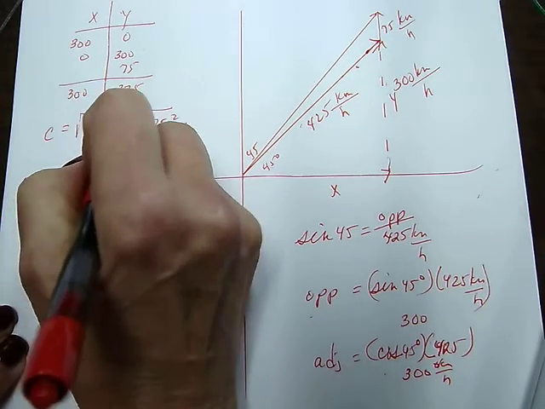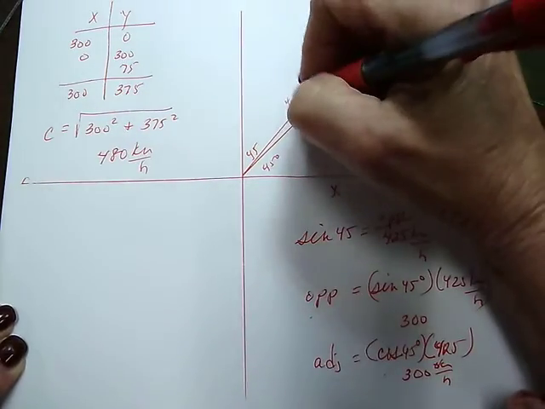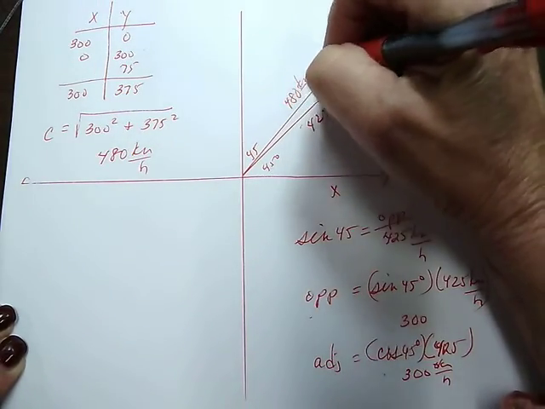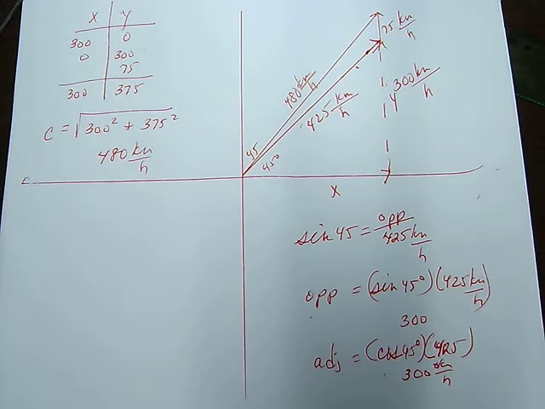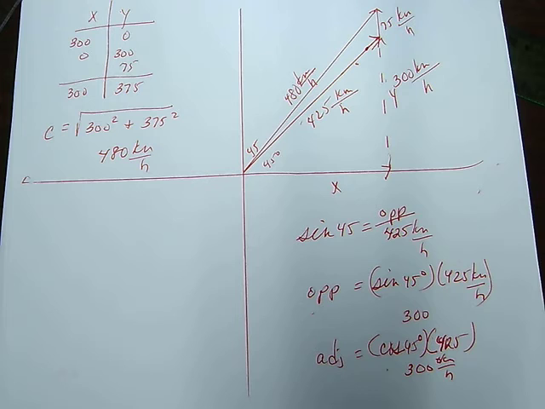And I get 480 kilometers per hour. So that's what this is. That's the length of the resultant, okay?